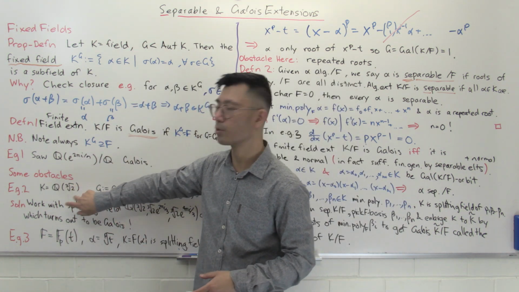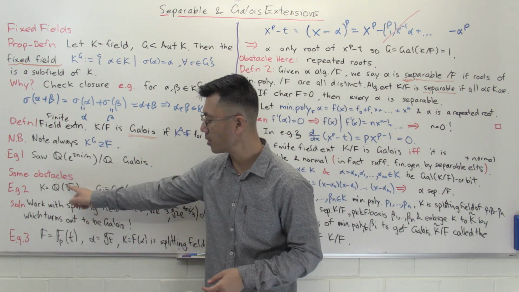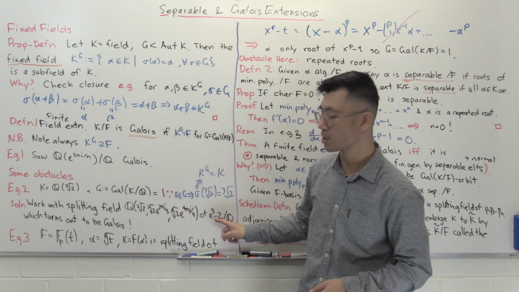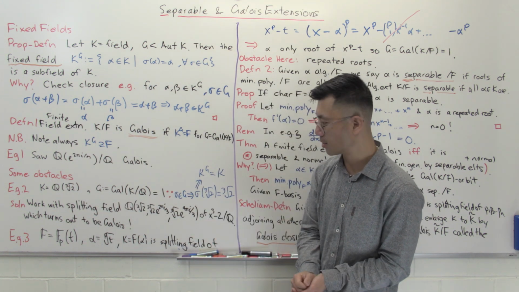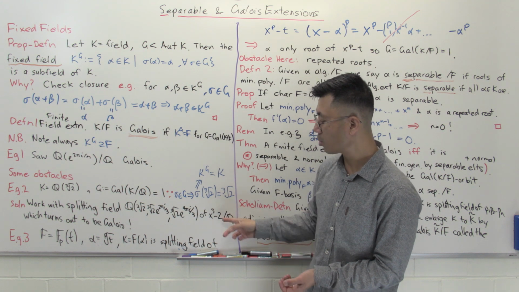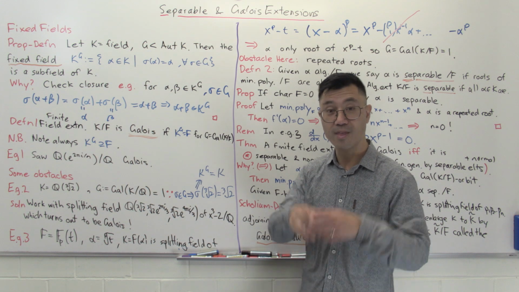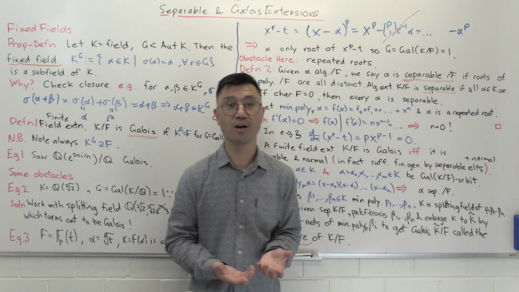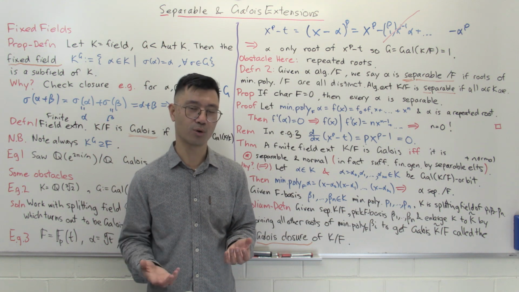You have Q adjoin cube root 2. That's not Galois, but you're in a separable situation here. This element is separable because its minimal polynomial x cubed minus 2 has 3 distinct roots, or you're just in characteristic 0. So you just throw in the other 2 roots, and then we'll be in a Galois situation. And that allows us to use the full force of Galois theory. I hope you enjoyed this adventure in pure mathematics.